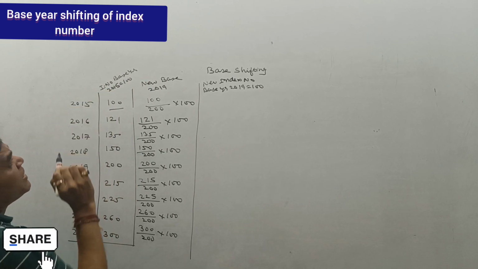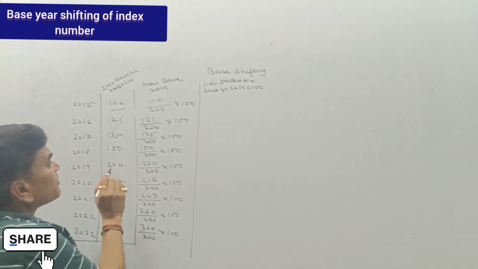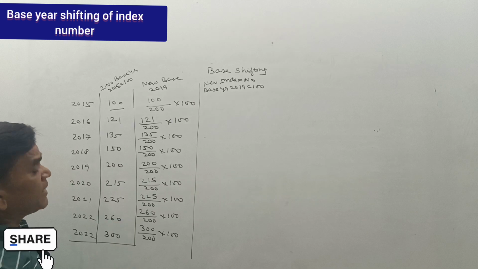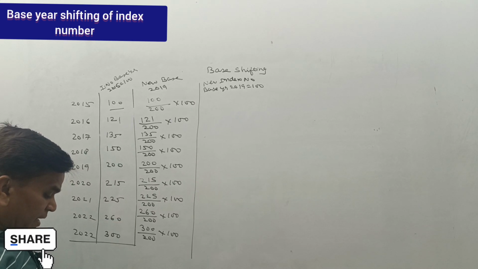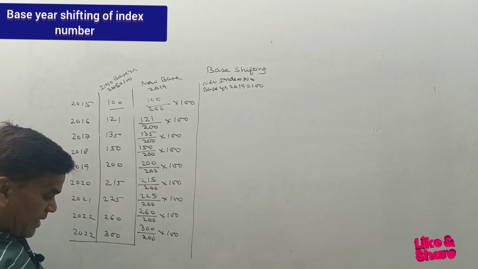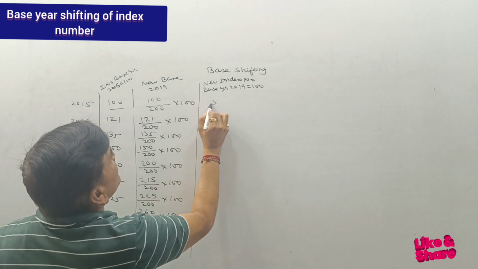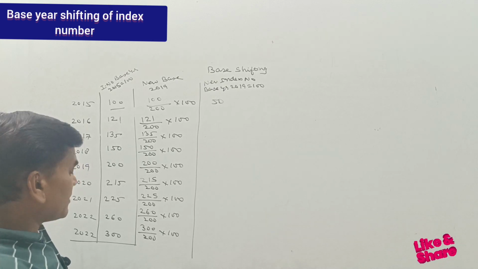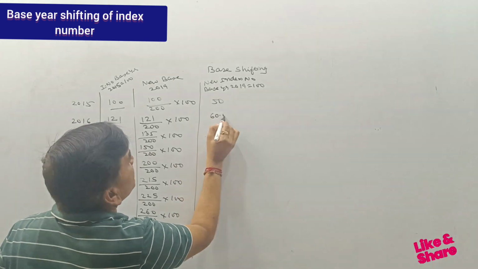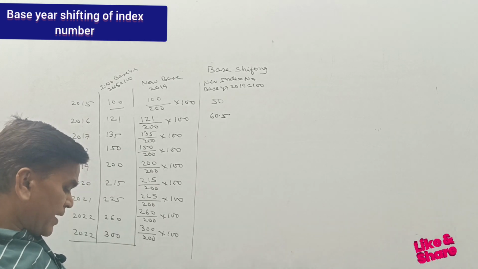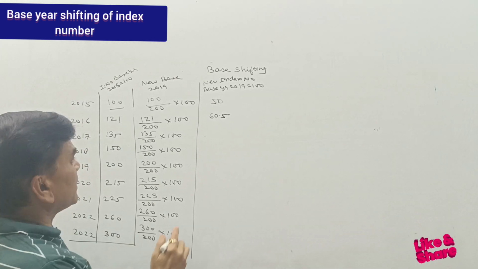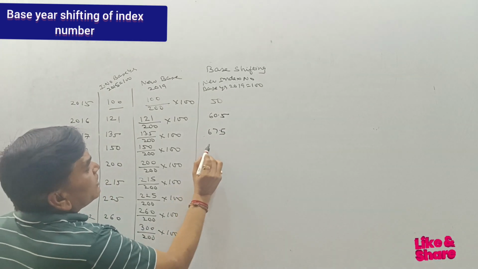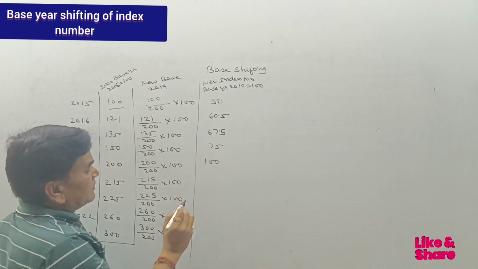We are shifting the base year to 2019. The first is 100 divided by 200 multiplied by 100, that is 50. Then 121 divided by 200 multiplied by 100 is 60.5. Third is 135 divided by 200 multiplied by 100, that is 67.5. This will be 75, and this will be 100.